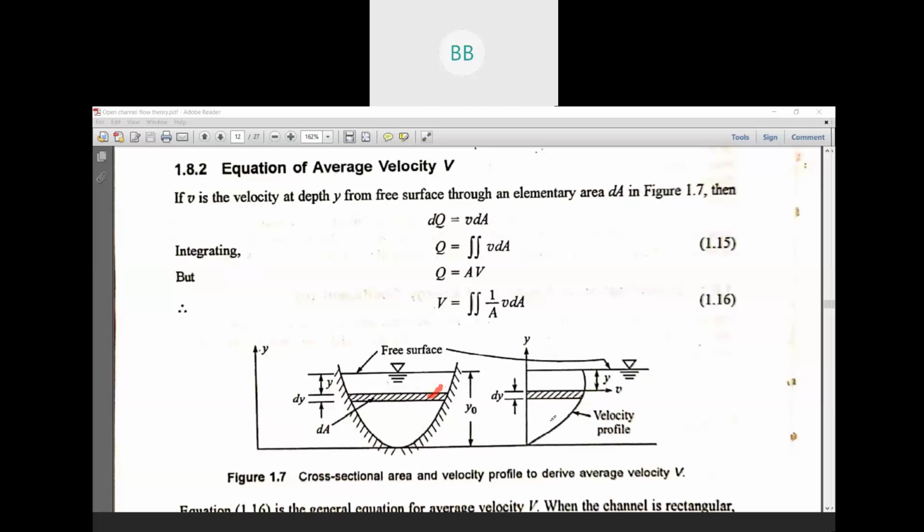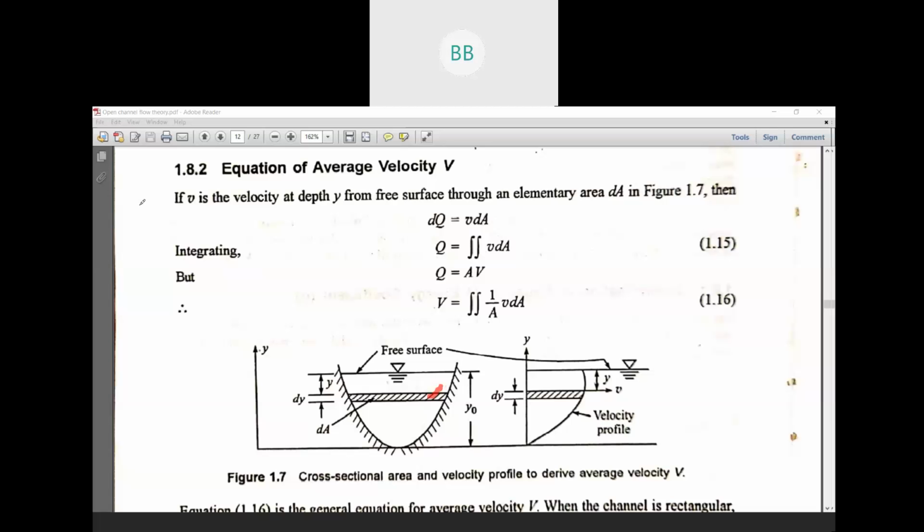So the maximum depth is y naught, and this is the velocity profile that we have already discussed.